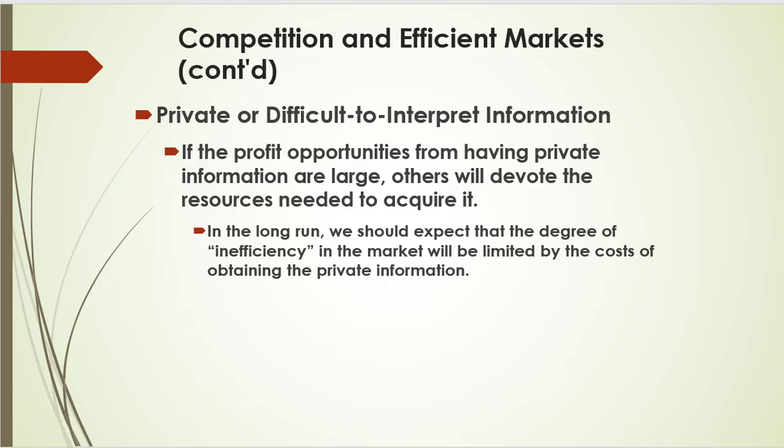If information, especially inside information, is very difficult to get or very expensive, people won't use it because it reduces their overall returns, and the prices that we see will reflect public information more than inside information.